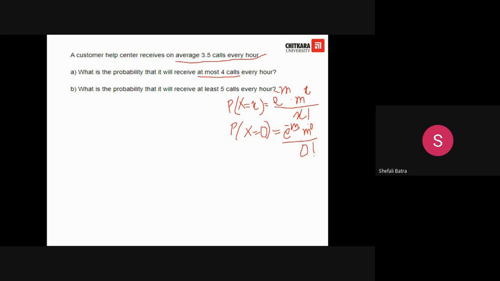M is the mean or average. From this statement, the average is 3.5. So mu or m, you can write it any way, and that is 3.5. You put 3.5 at the place of m, and then you can solve it.